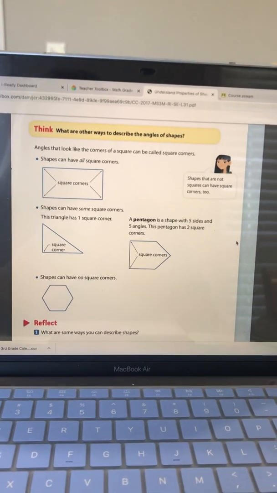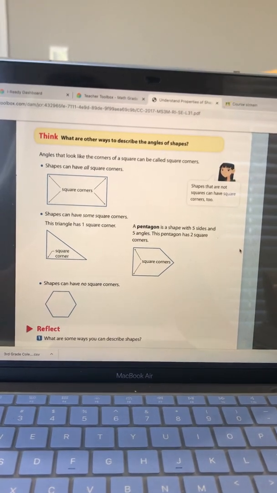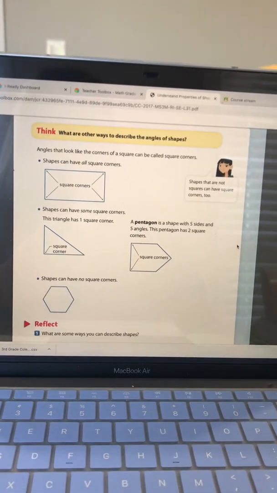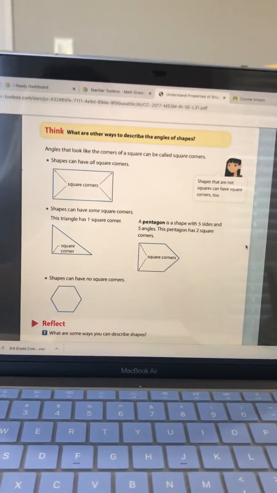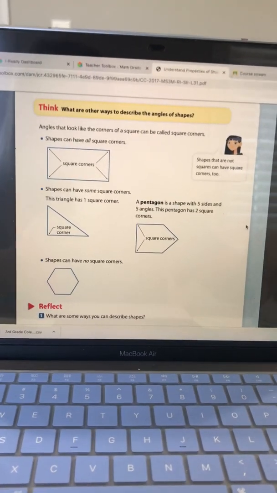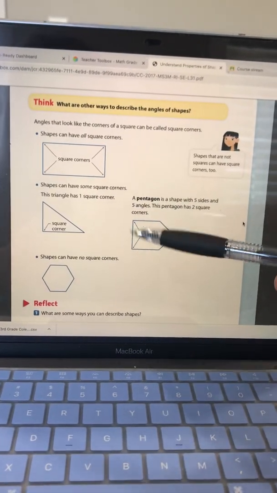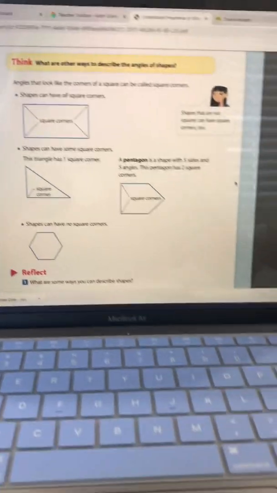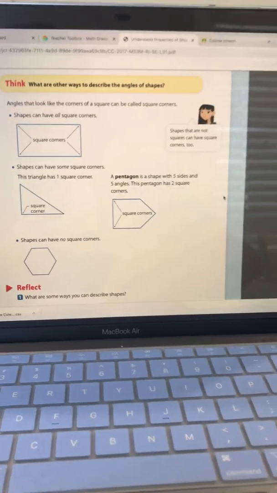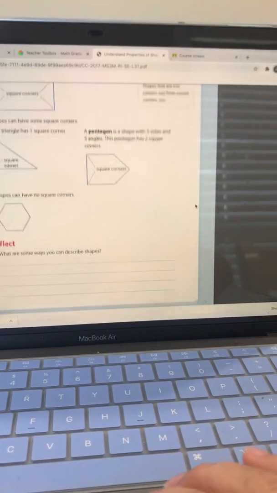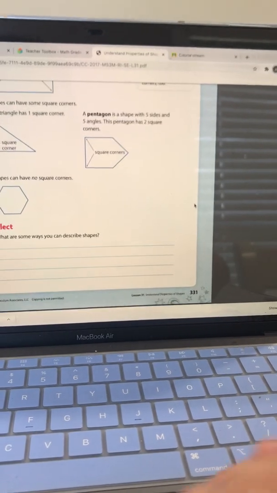A pentagon is a shape with 5 sides and 5 angles. This pentagon has 2 right angles or 2 square corners. You can see they're pointing to them here. Shapes can also have no right angles or no square corners. Now on our reflection, let's jot down a few things we learned that you can do to describe shapes.